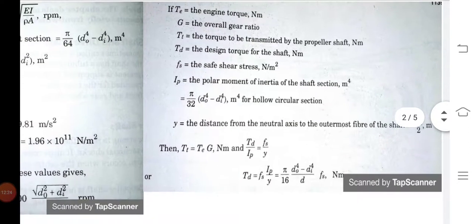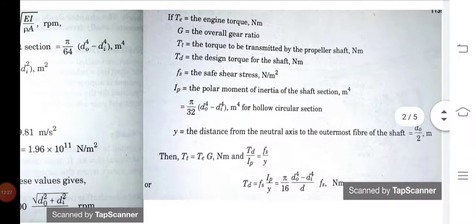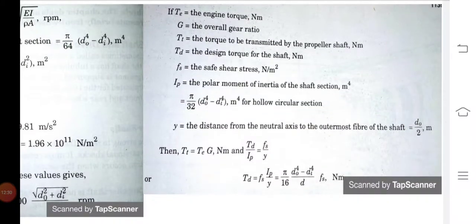Then TT is equal to TE, which means transmitted torque is equal to the engine torque, the torque provided by the engine. And TD by IP, that is the design torque by polar moment of inertia, is always equal to the safe shear stress by the neutral axis distance.